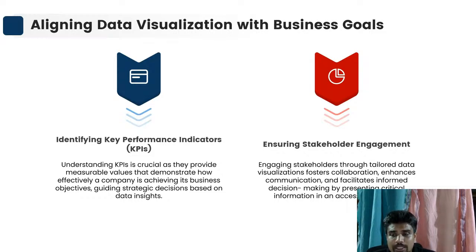The second point is ensuring stakeholder engagement. Engaging stakeholders through tailored data visualization fosters collaboration, enhances communication, and facilitates informed decision making by presenting critical information in an accessible format. It is nothing but, if a stakeholder approaches you, what you have to do is tailor the visualization. It should provide a sequential link to your data.